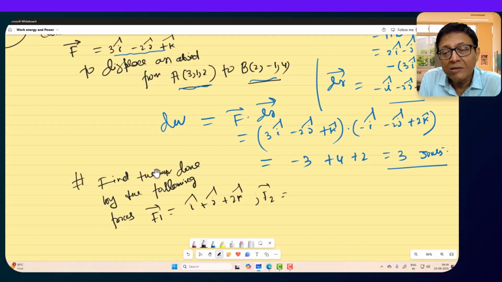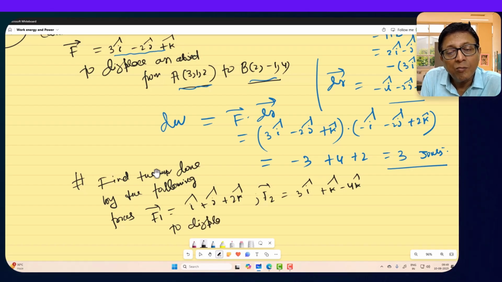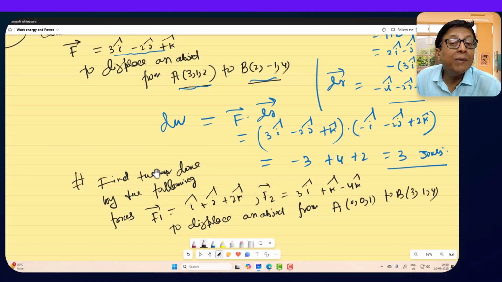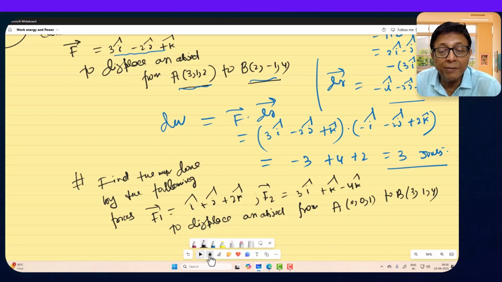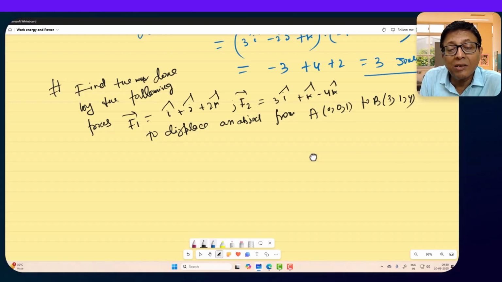F2 is say 3i plus j minus 4k, to displace an object from A(0,0,1) to B(3,1,4). I haven't told you whether these forces are conservative, non-conservative, internal or external. So how do you solve this kind of sum?